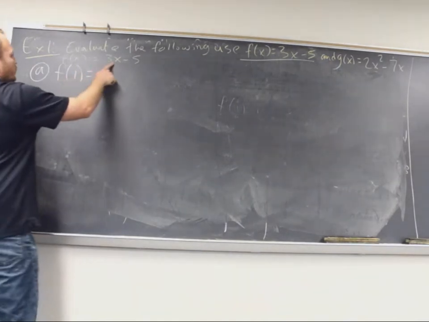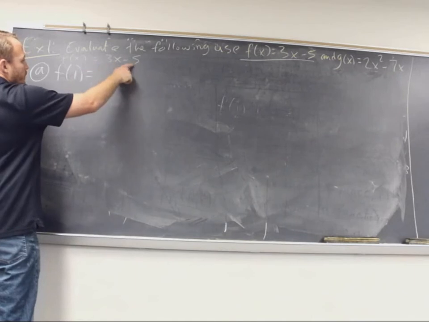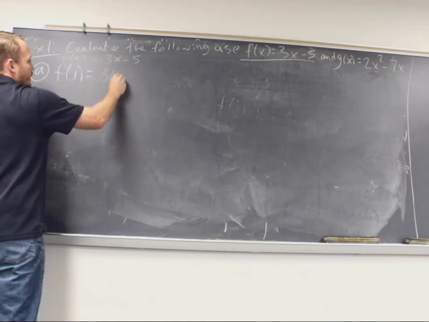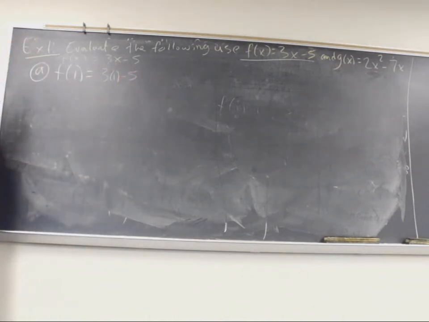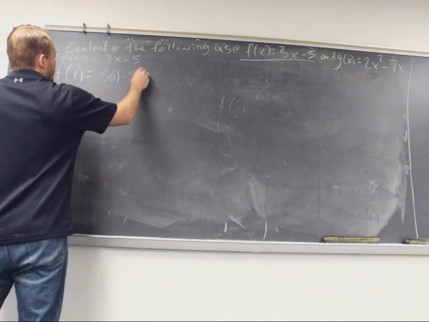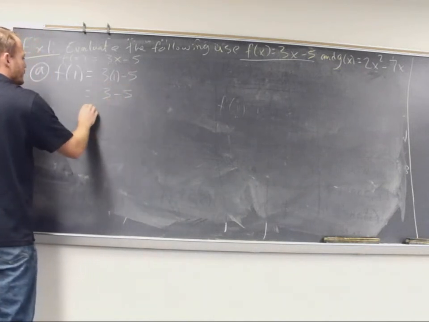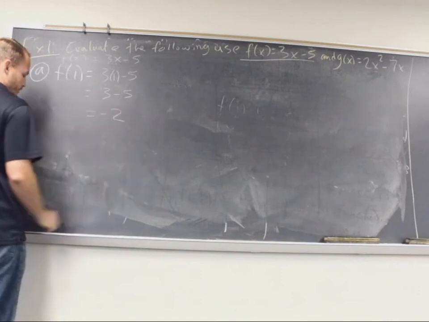So I replace this x, I put a 1 in here everywhere there's an x. So it's 3, that stays the same, and then x becomes 1, and then minus 5, which is equal to 3 times 1 is 3, minus 5, and that equals negative 2.